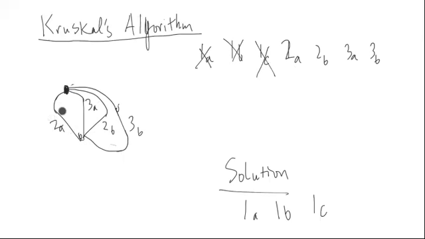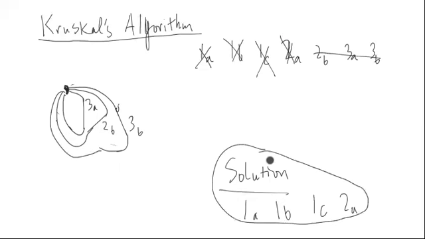Next we go to 2A, not a loop, so we use it and we pinch it. Now when we pinch it this time, it looks like it makes everything a loop. So as we go through the list of edges, we won't use anything else. And there's our solution, the minimal spanning tree.